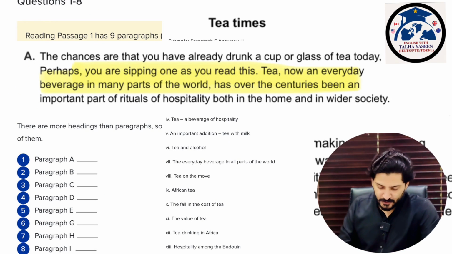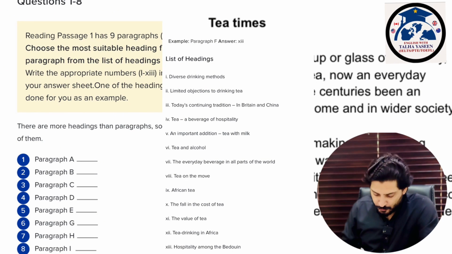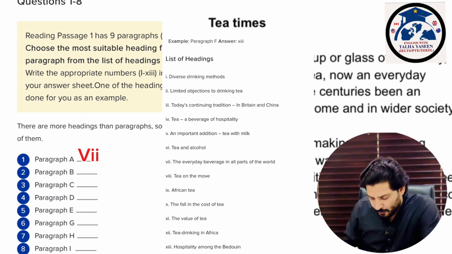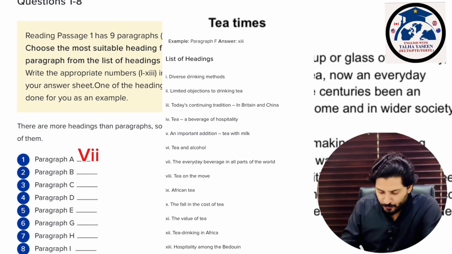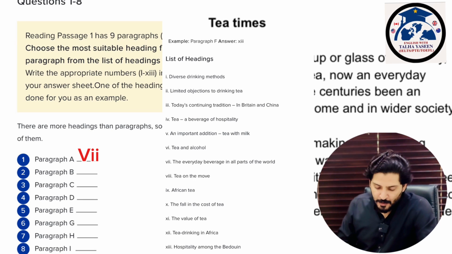What will be the answer? What will we write in front of paragraph 1? If you look at heading 7, the everyday beverage in all parts of the world. So we will write 7 in front of para A.